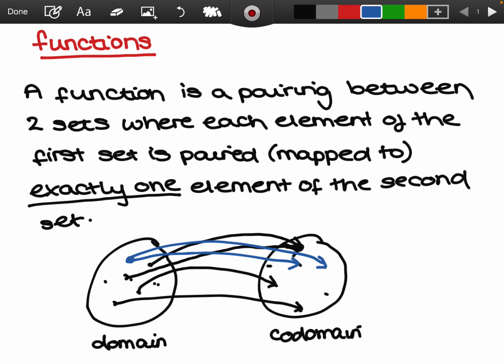So each entry in our domain has to map to exactly one element in our codomain, but you can't have it where one element in your domain maps to two different elements in your codomain, but two elements in the domain can map to the same element in the codomain. So the blue cannot happen. This thing cannot happen where we've got one element mapping to two different ones in that second set.